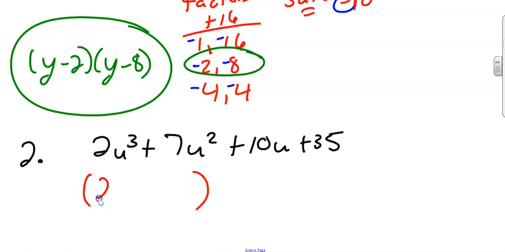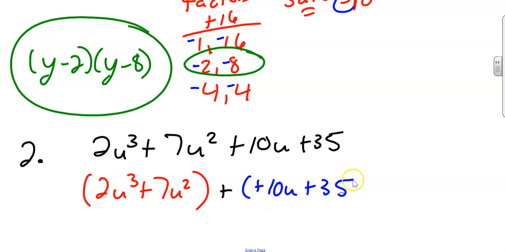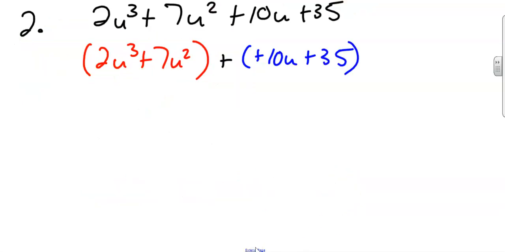Okay, so grouping the first 2 terms together, and then group the last 2 terms together. Depending on what that sign is, this sign always goes with this one and always gets all positive, but it's okay if it's double redundant that we put that plus there. Still okay.